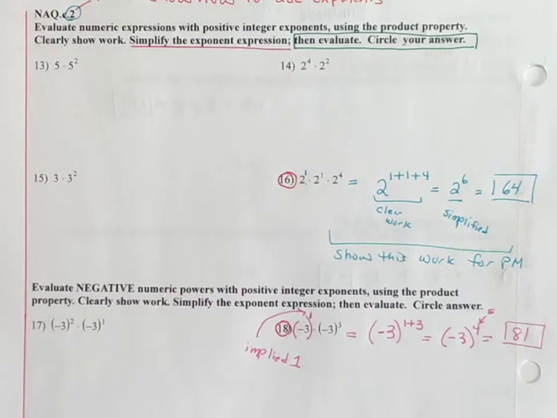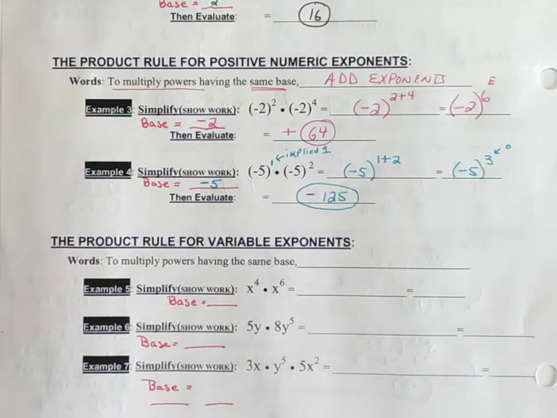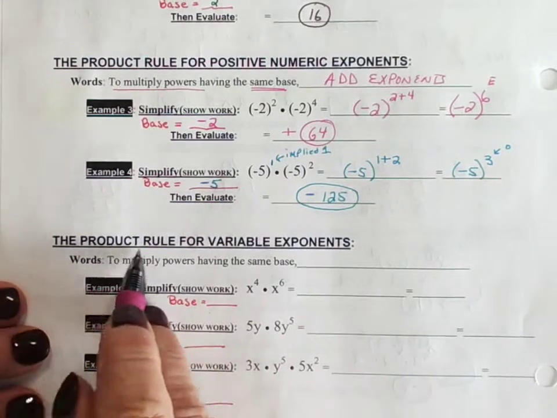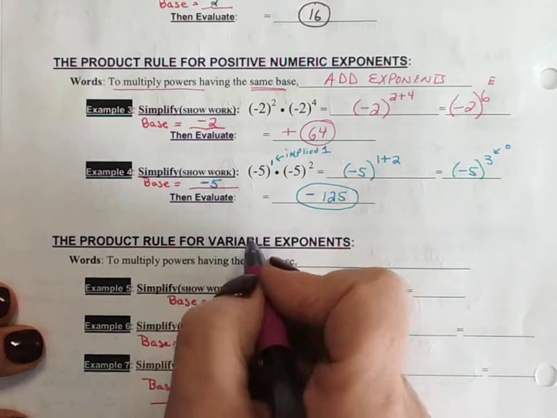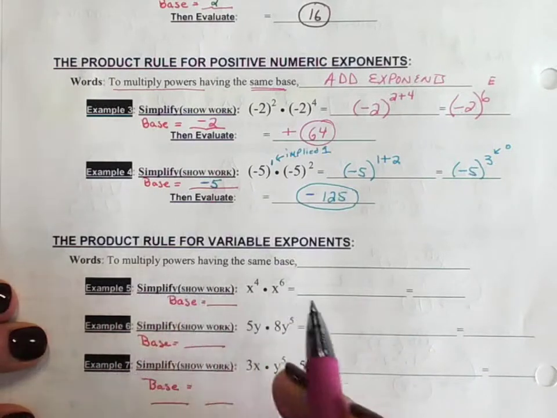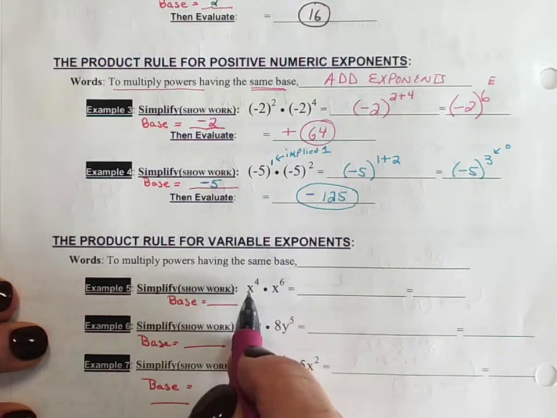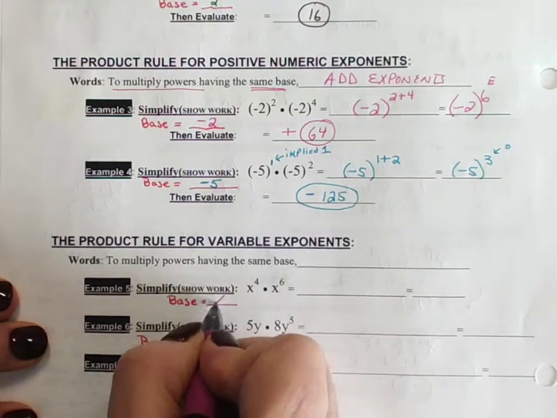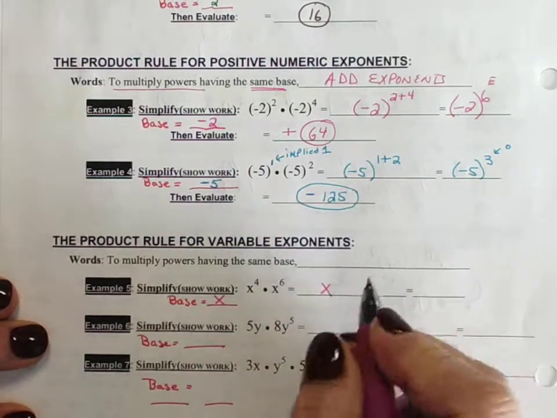All right. So the last thing we're going to cover is the product rule with variables. Same thing. To multiply powers having the same base, so here our base is x.